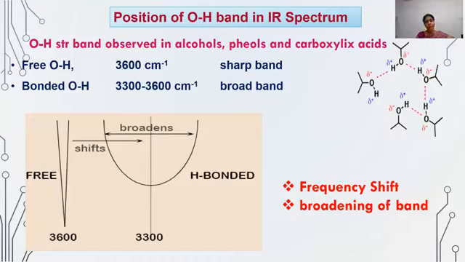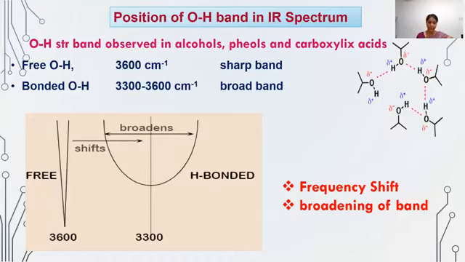As the bond strength decreases, the force constant decreases, and it results in a decrease in vibrational frequency. That's why the vibrational frequency from free OH to bonded OH shifts from 3600 to 3300 centimeter inverse.